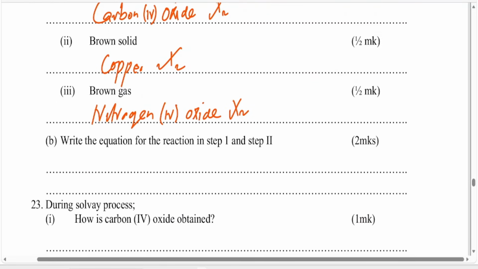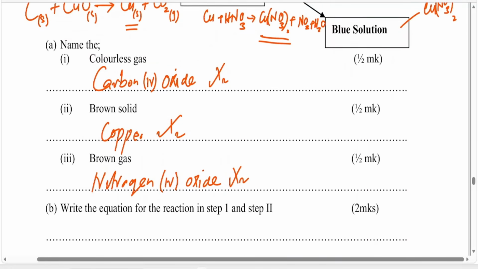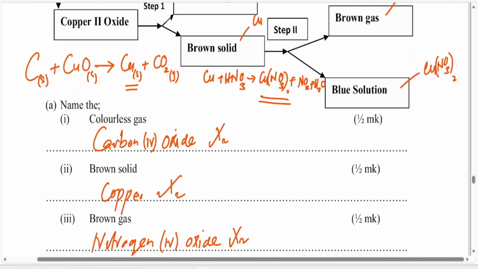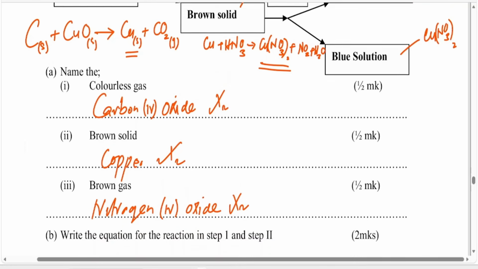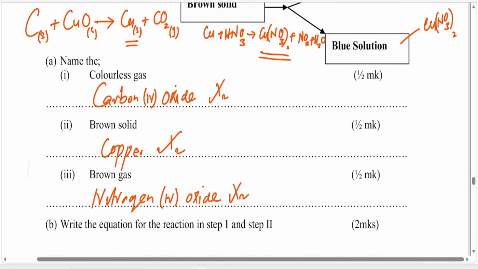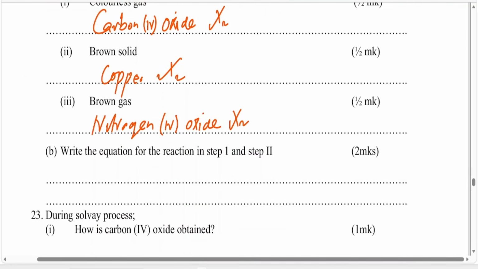Again, write the equation for the reaction in step 1 and step 2. As we have seen, in step 1, we have carbon solid reacting with copper 2 oxide solid. We obtain copper metal solid and carbon dioxide gas.